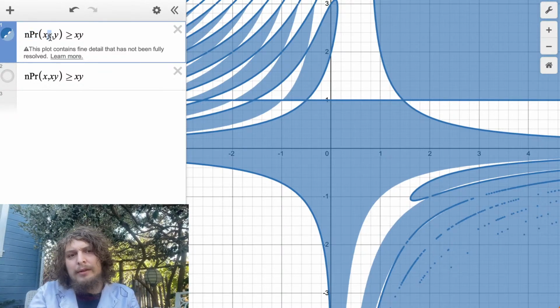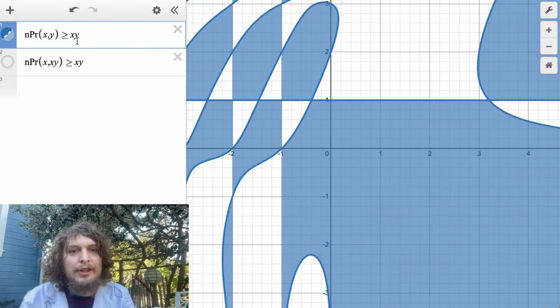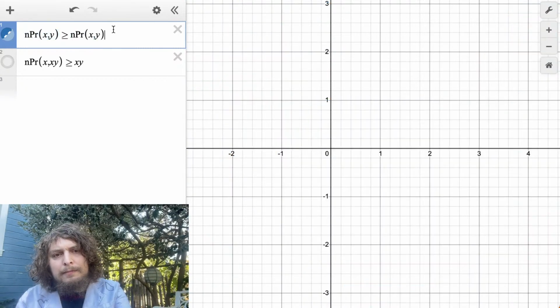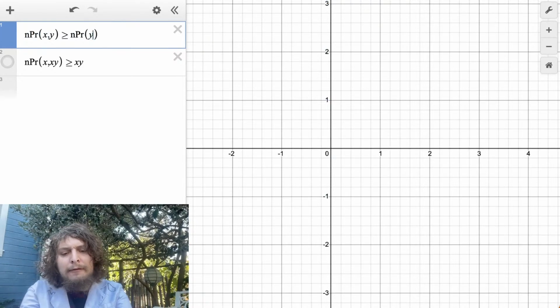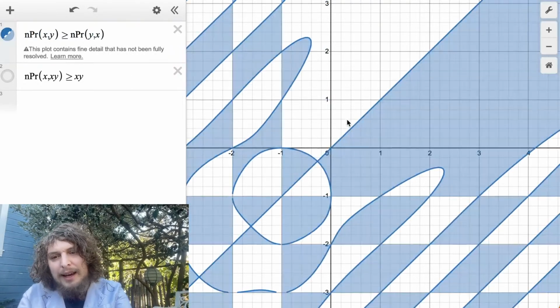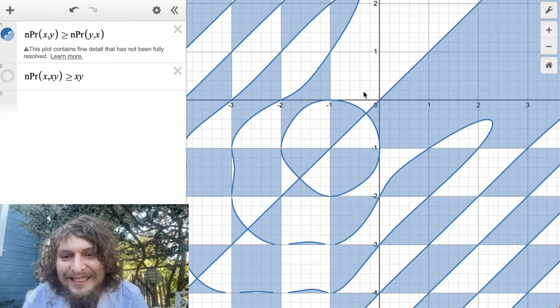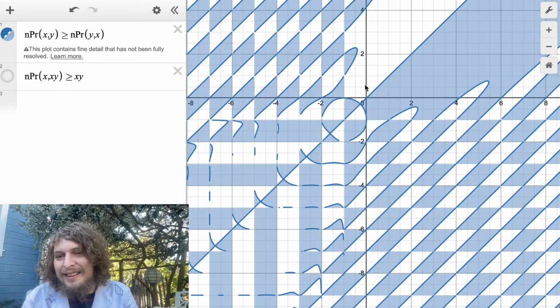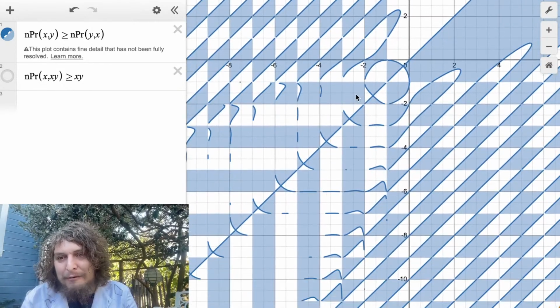First, let's see what happens when we have a permutation on each side. What about when the permutations of x and y are the same thing flipped? We get this. That's interesting.